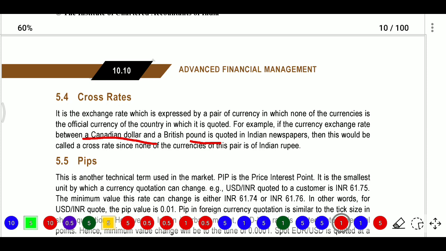So where we have one standard rate, we convert it from the standard rate to rupees.